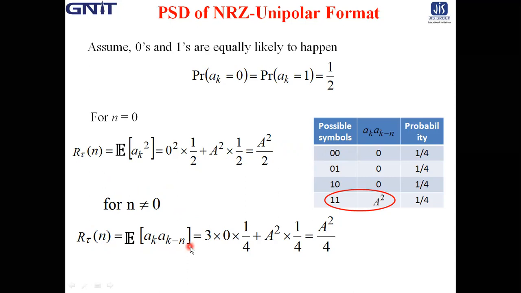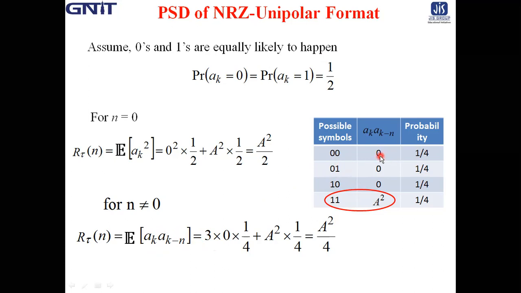There are 4 possible values of a_k and a_(k minus n), and these possible values are 0 0, 0 1, 1 0, and 1 1. Similarly, their product a_k into a_(k minus n), that is the product of amplitudes, in case of 0 is 0 for unipolar.